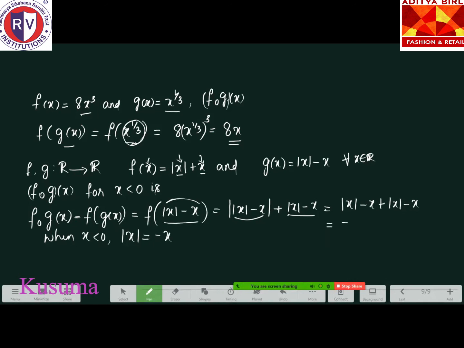So this will be equal to minus x, there is a minus x here, and once again minus x, minus x. So they all add up to give us minus 4x. Therefore, f of g of x will be equal to minus 4x whenever x is less than 0. So the right option is option C, minus 4x.